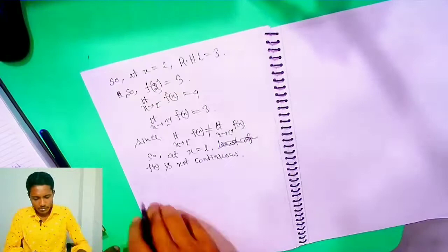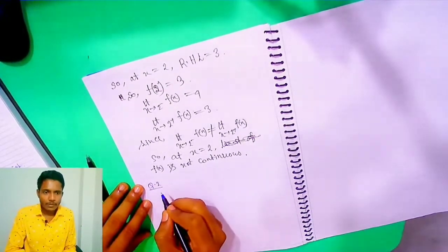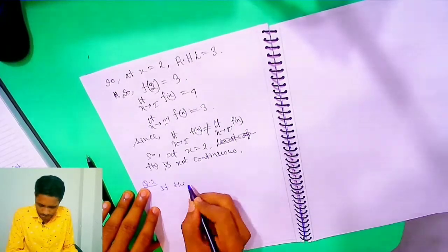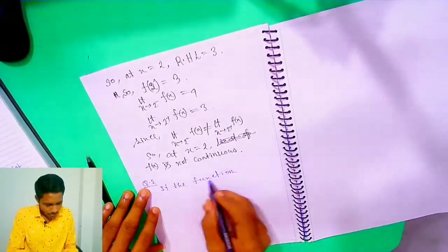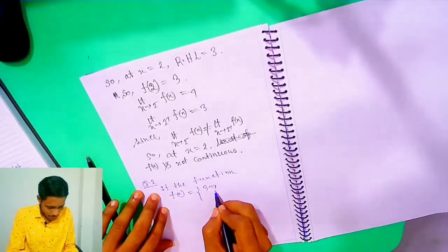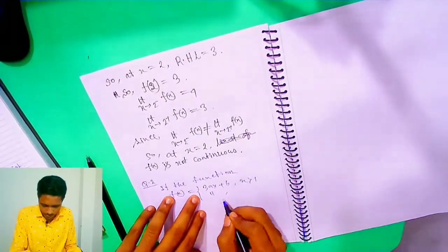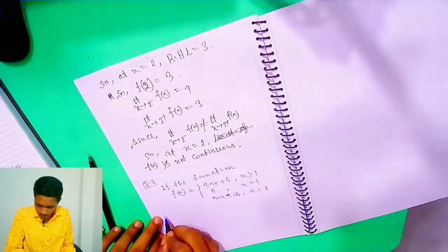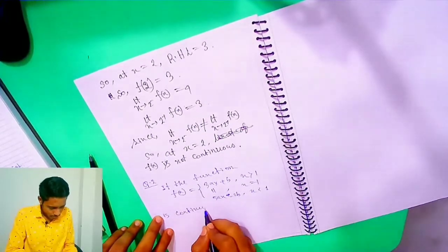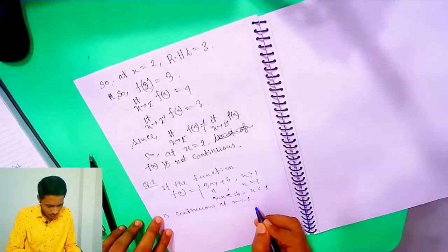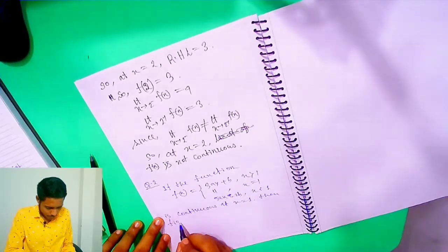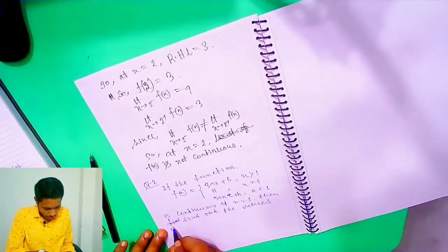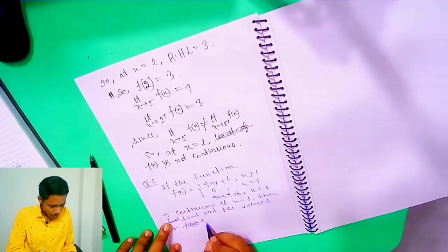Now example 2, question number 2. Now question number 2 is, if the function f(x) is equal to 3ax plus b, x greater than 1, 11, x is equal to 1, 5ax minus 2b, x less than 1, is continuous at x is equal to 1, then find out the values of a, b.